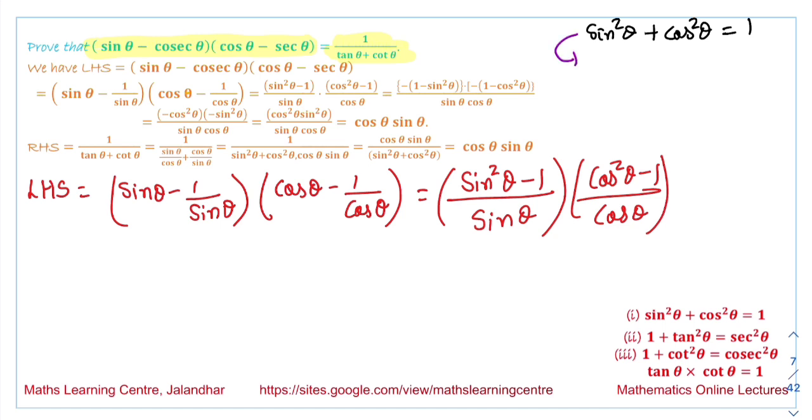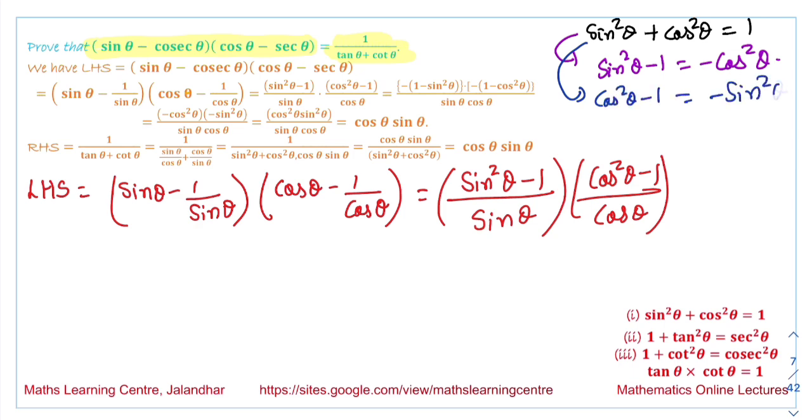Now from this equation, sin square theta minus 1 is equal to minus cos square theta, and cos square theta minus 1 is equal to minus sin square theta. So in place of this we can write minus sin square theta, and in place of this we can write minus cos square theta.